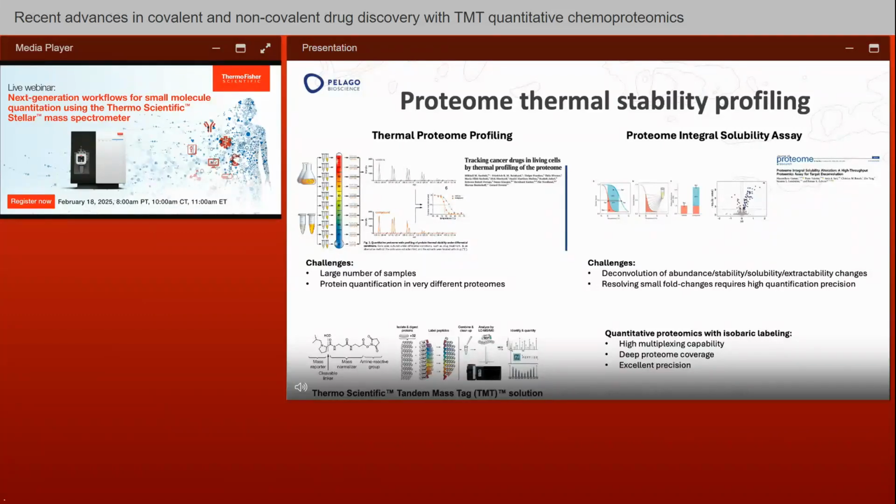Isobaric labeling using TMT helps to address some of the challenges of drug target deconvolution strategies. High multiplexing capability, excellent quantification precision, and deep protein coverage make it an indispensable tool for target deconvolution using CETSA.